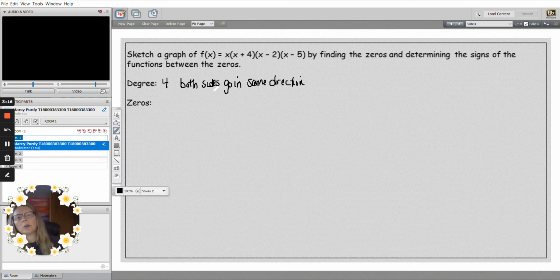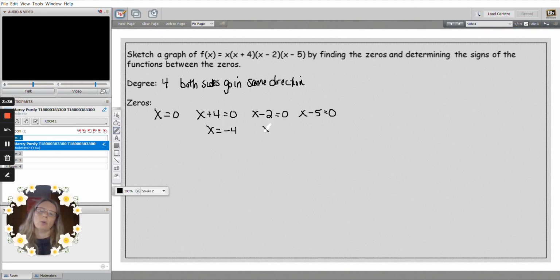So our zeros come from taking each of the factors and setting them equal to 0 and solving for x. So we already have the first one, x equals 0. Then we subtract 4 and we get x equals negative 4. We add 2 and we get x equals 2.